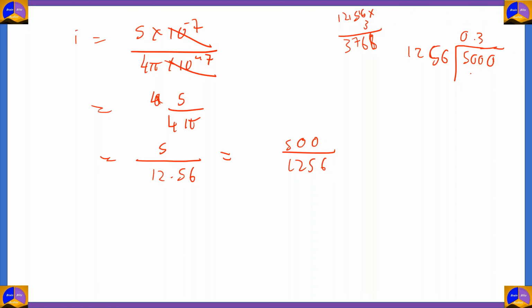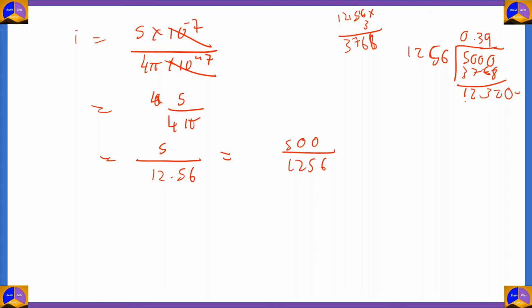So 0.3. And then we subtract it. 3768. So 10 minus 8 is 2. 9 minus 6 is 3. 9 minus 7 is 2. And 4 minus 3 is 1. So we have 1232, which is again lesser. So we'll put a 0. So 12,320. So this is only a little bit less than 12,560, which is 1256 into 10. So we'll put the value of 9.